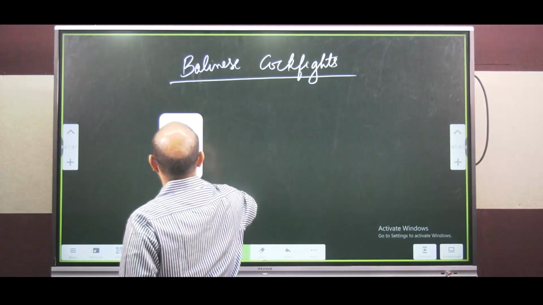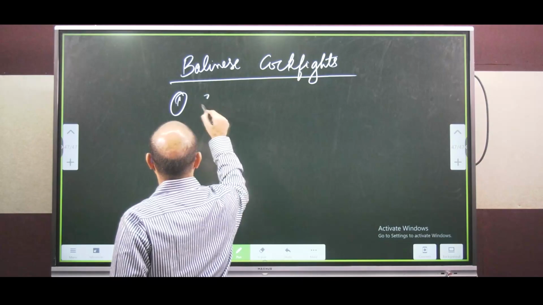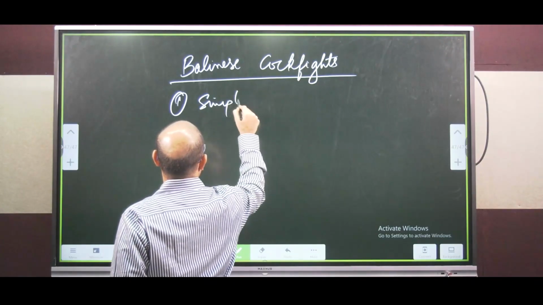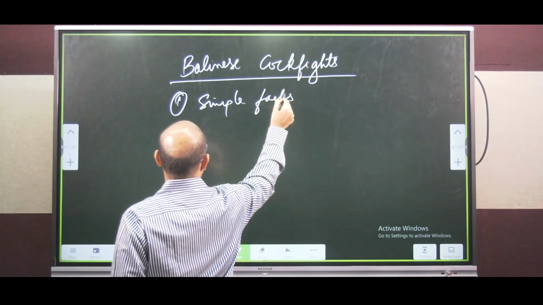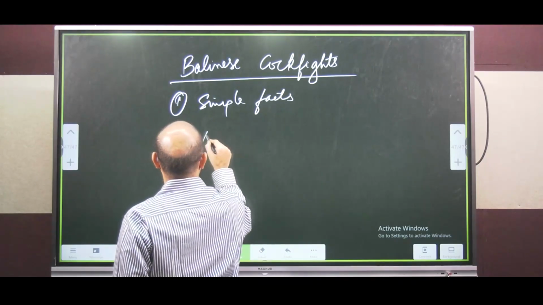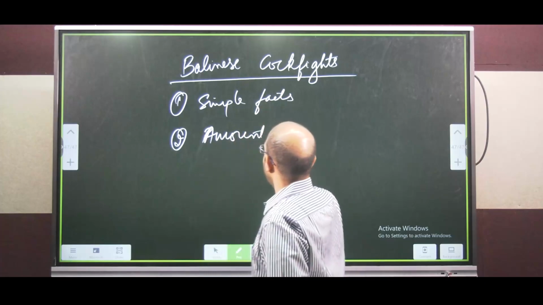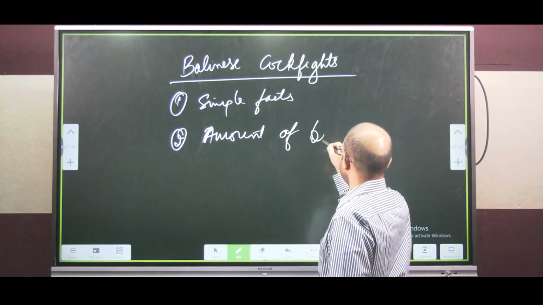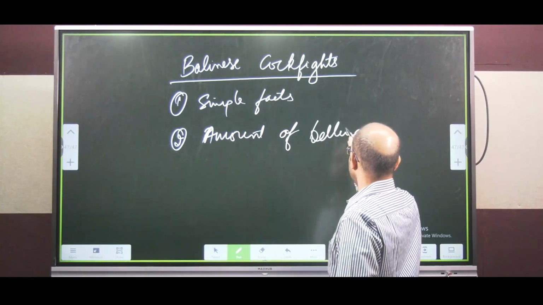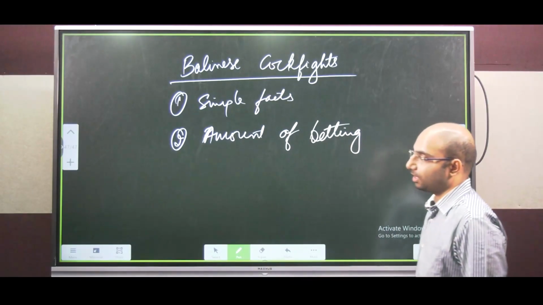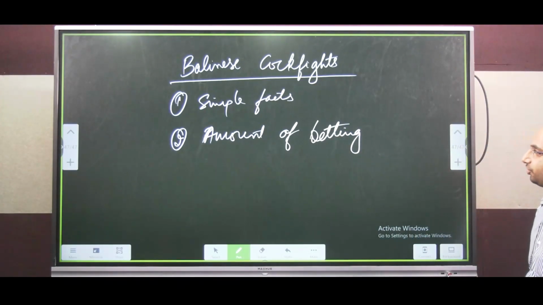So there he found things like, first he gives simple facts of cockfights, where they happen, at what time. Second, he talks about the amounts of betting. People are placing high amounts of bets, and he says the amounts are unusually high.